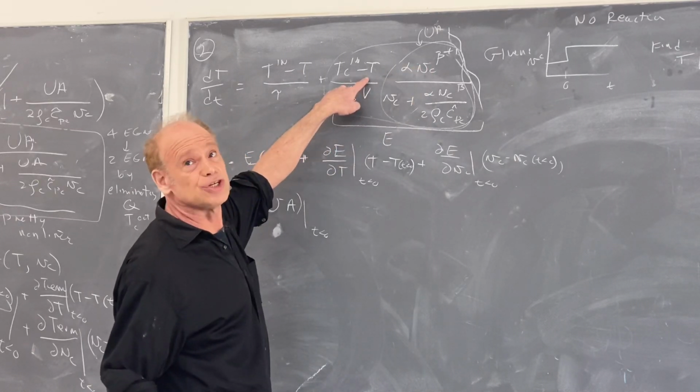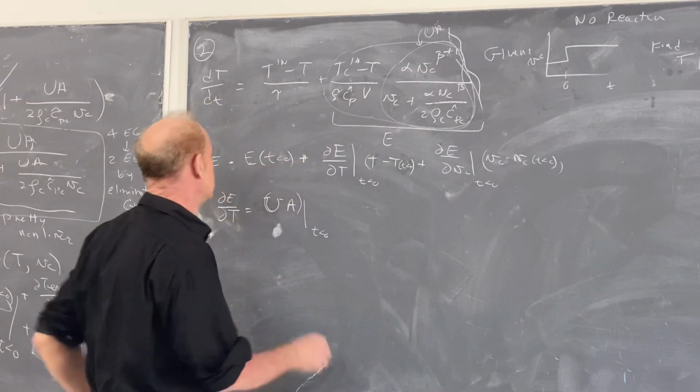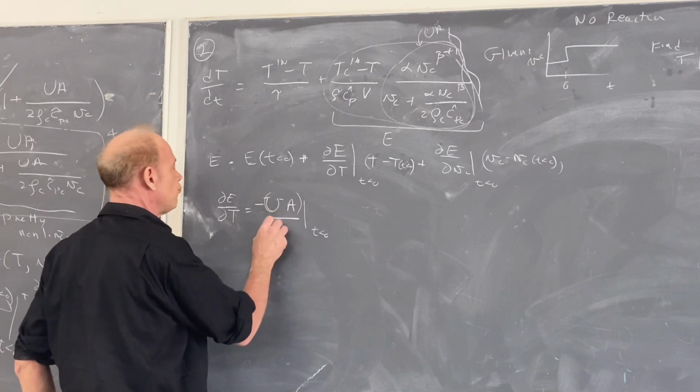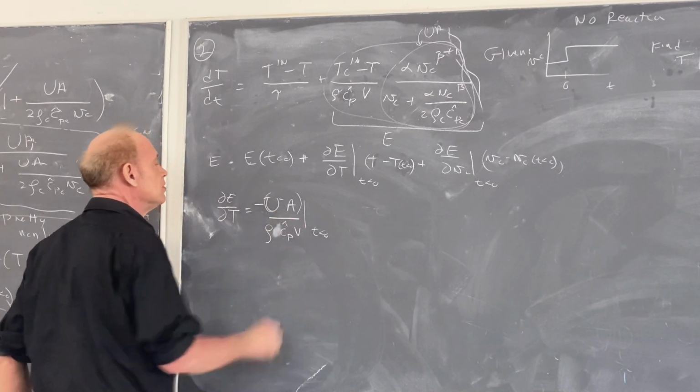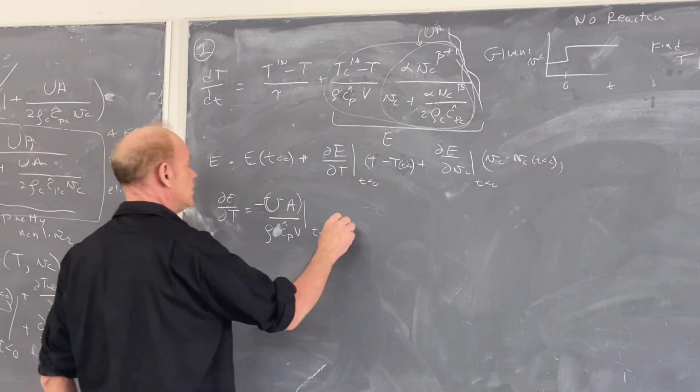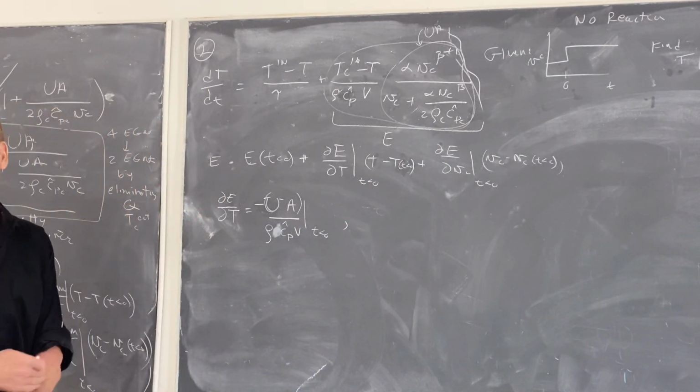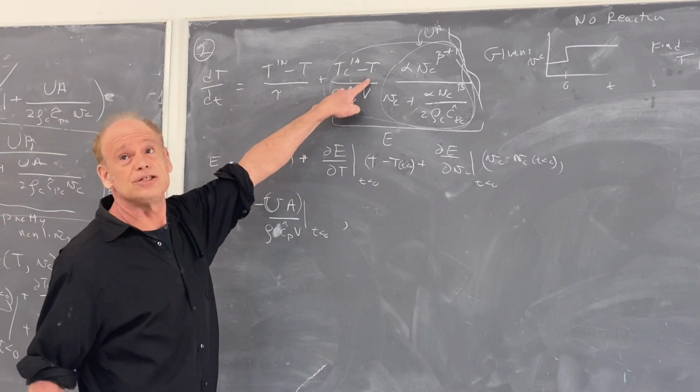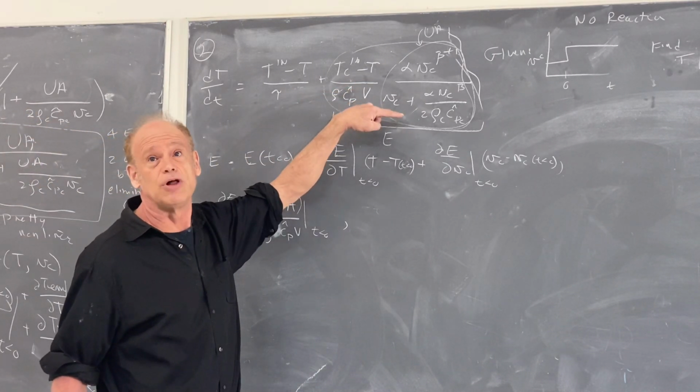When I take the derivative, I just get a minus 1 here, divided by rho Cp hat V. So is that clear? When I take d/dT of this, I just get a minus 1 here, and everything else comes along for the ride.